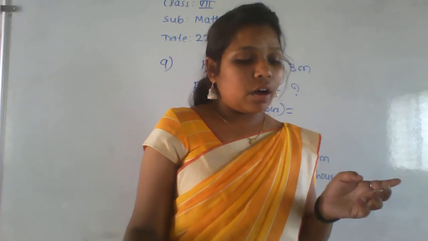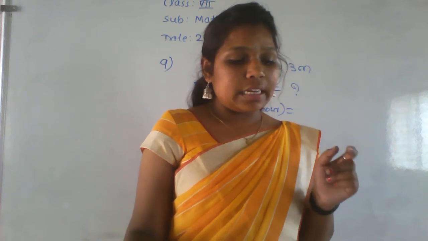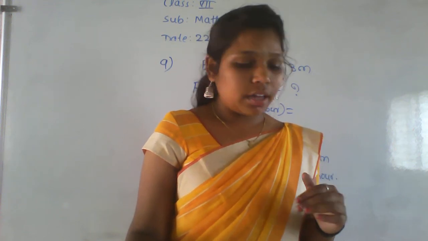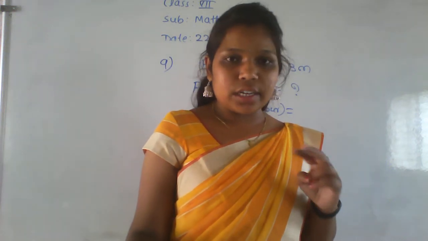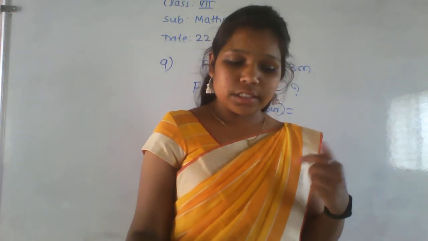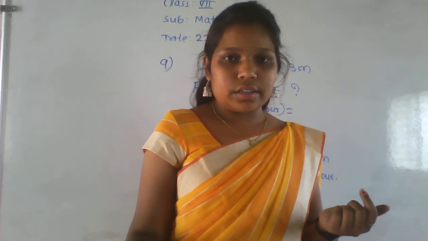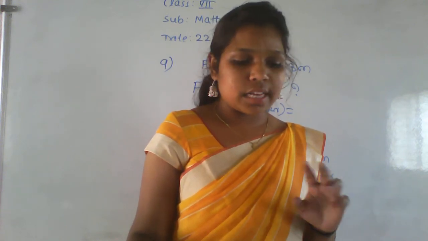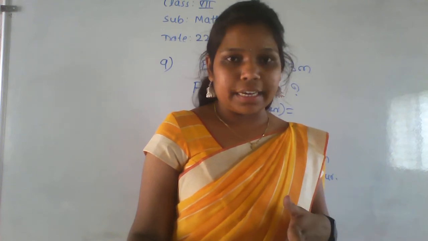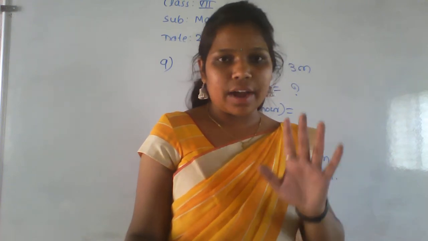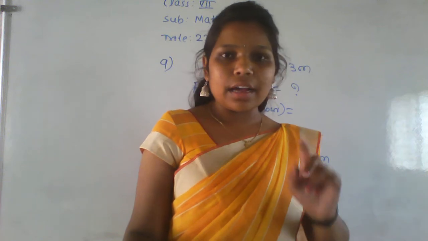The first question says he sold 20 tables, meaning how much profit he got. Next, 20 chairs also he sold, so how much loss he got. You have to find both the loss as well as the profit here. That is again multiplication. For one table 500 rupees, for 20 tables how much?